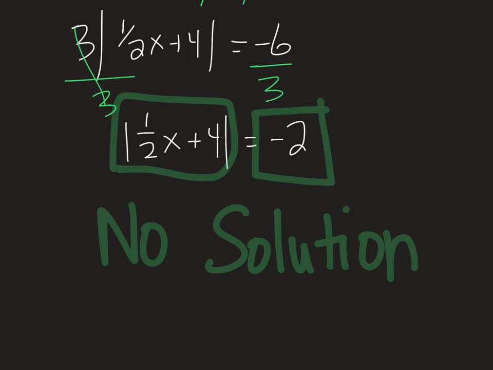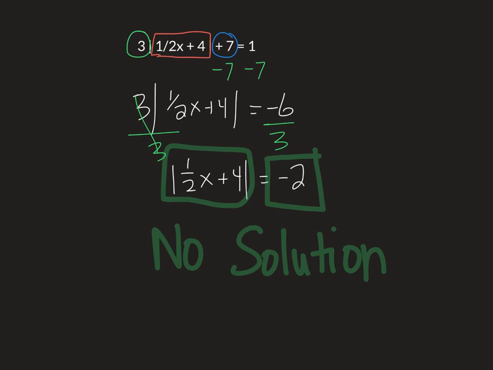Even if you're walking backwards, the distance is still positive. So if we ever have an absolute value equation with the absolute value bars equal to a negative number, then your answer is no solution. There are no numbers in the world that are ever going to make that true.